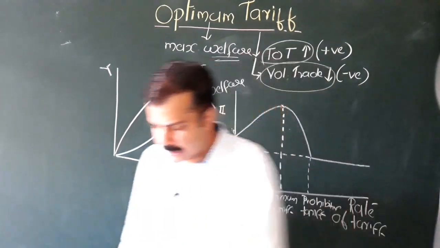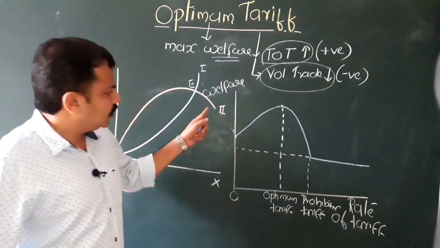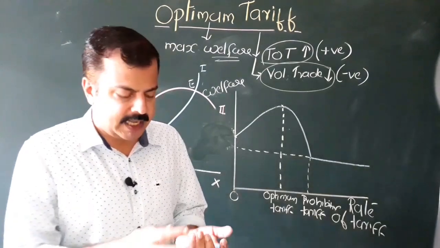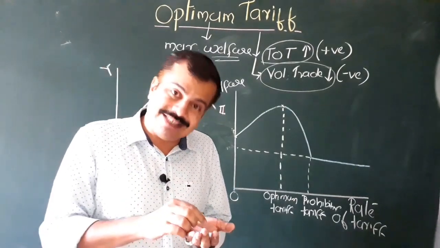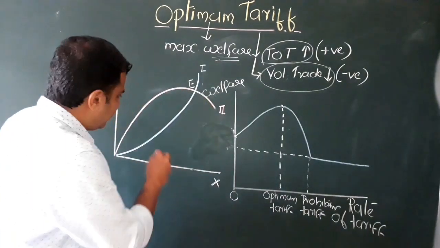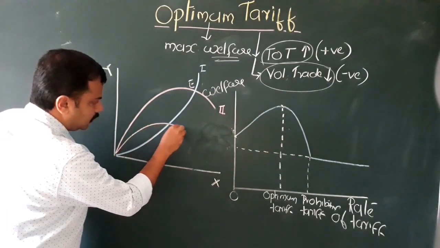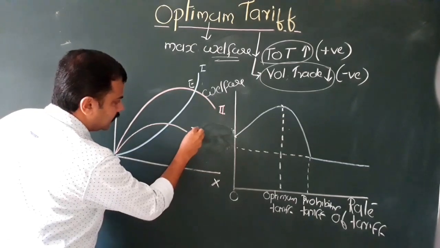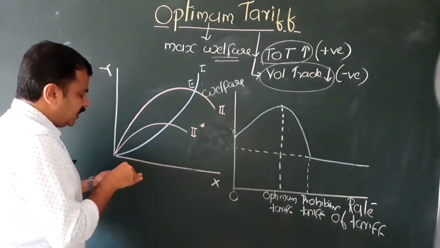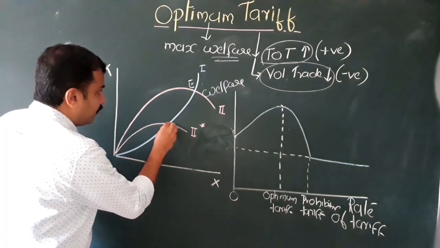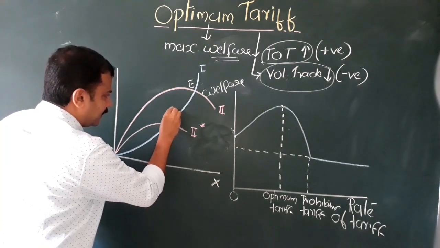Now let us suppose that country 2 calculates its optimum tariff and imposes it. Then country 2's offer curve will shift towards here. Let me call it 2 star. So this will be the new equilibrium point, let me call it E star.